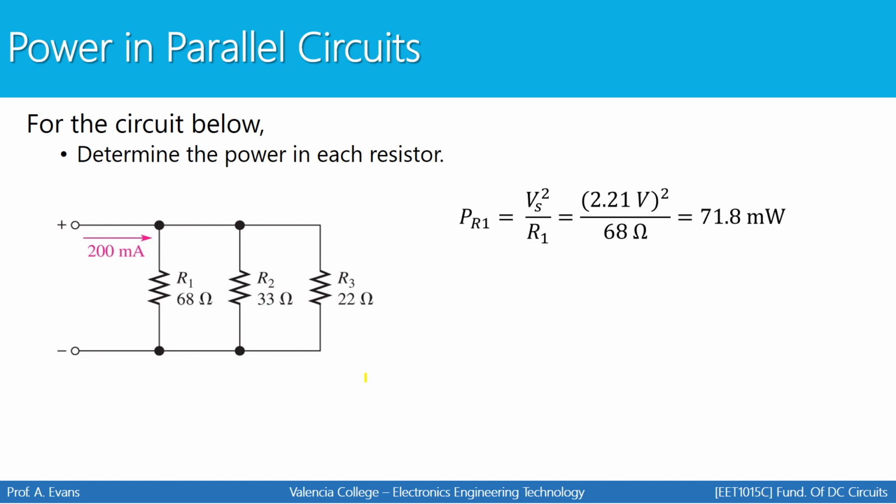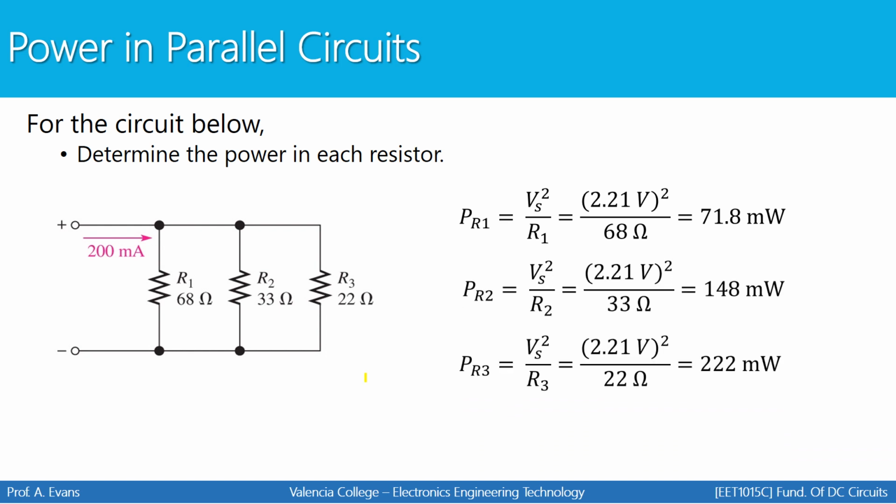So I can figure out the power for each resistor by taking that value of the source voltage, 2.21 volts squared, divided by the value of the resistor R1. I can repeat that for each resistor in the circuit because they're all in parallel. They all have the same voltage, so we can use the same formula 3 times.